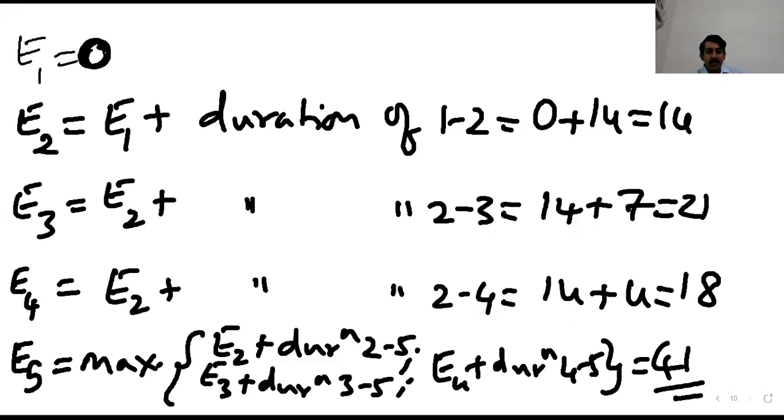But usually, such type of problem, they will not ask only latest start and latest finish. That is what I have seen in the question papers. Usually, the questions will be coupled with the early start and early finish. So that is the reason it is better you learn this particular method: early start, early finish, latest start and latest finish calculation.